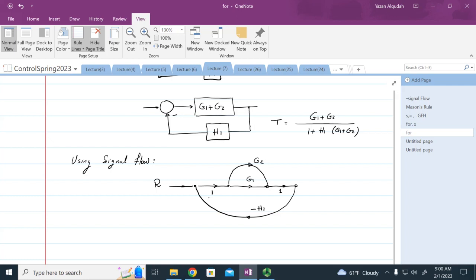Anybody got something similar? Can you simplify that one to the left of G into one node, technically? Excellent. Yes, I could have done it like this: G1, G2, and negative H1.